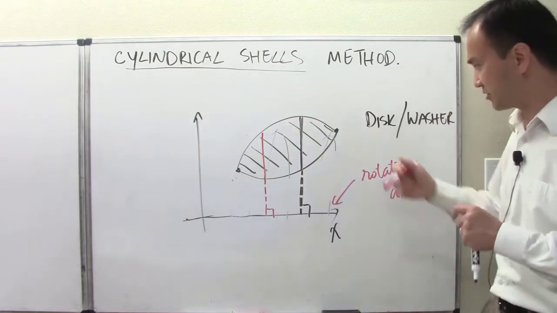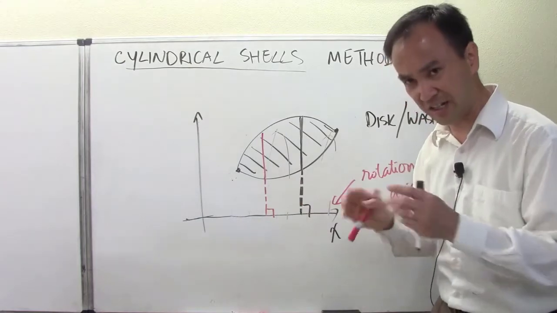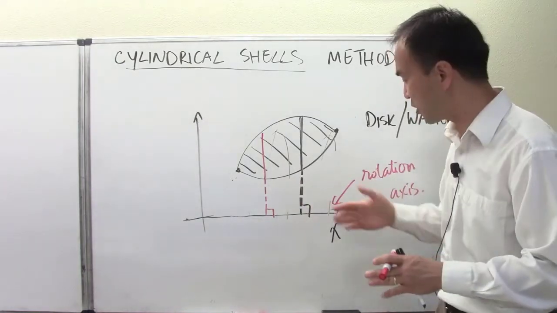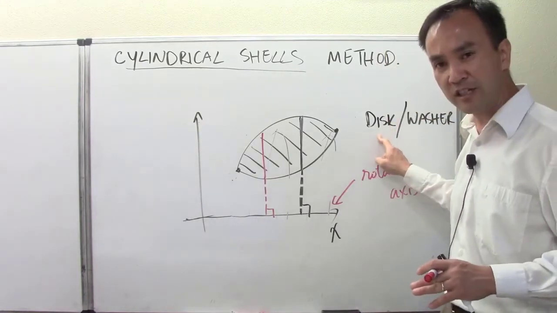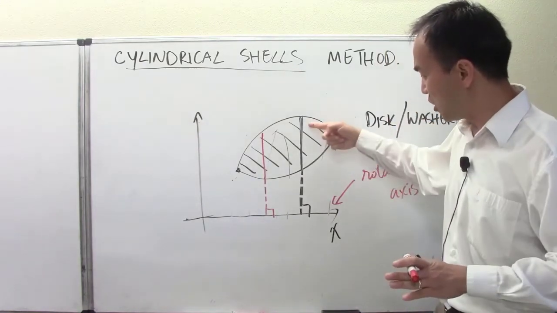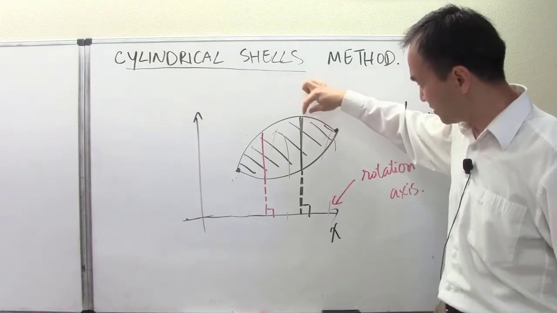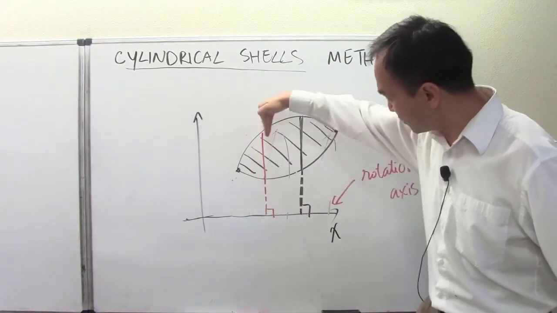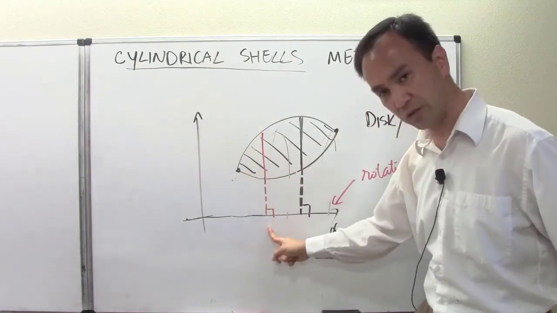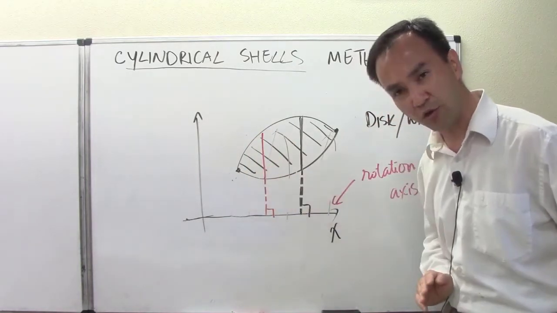So if you want to understand clearly what the washer or the disk method is all about, view those two lessons of mine where I went over the disk and the washer method. But generally, the washer method is all about creating a stripe through the region that reaches the rotation axis and is perpendicular to the rotation axis.